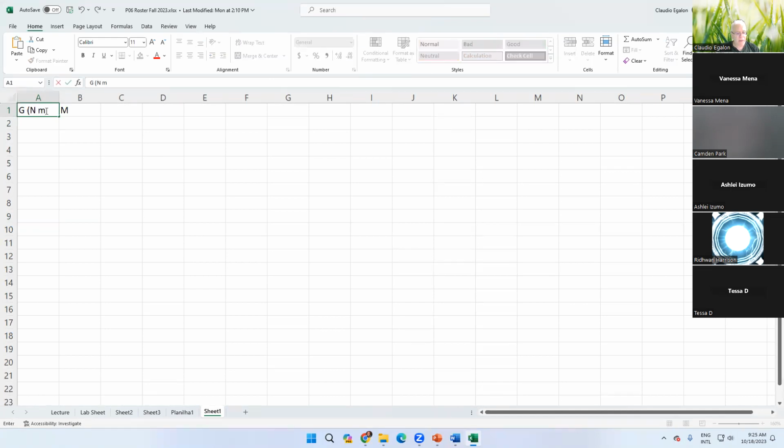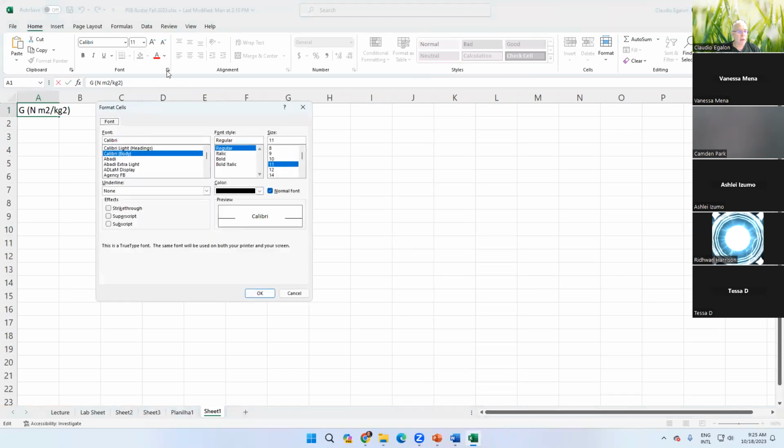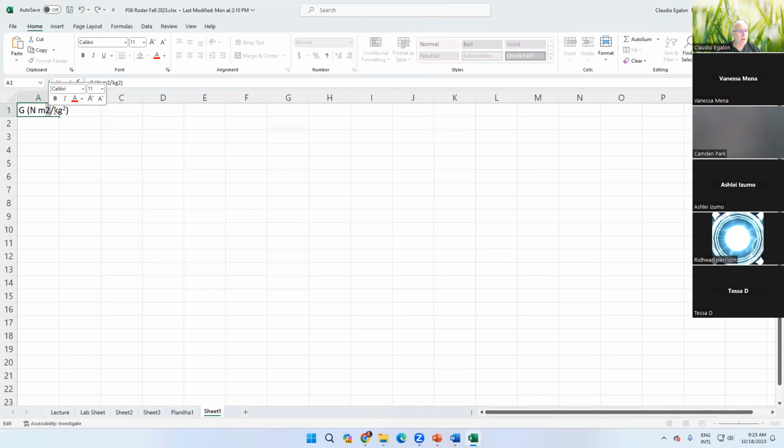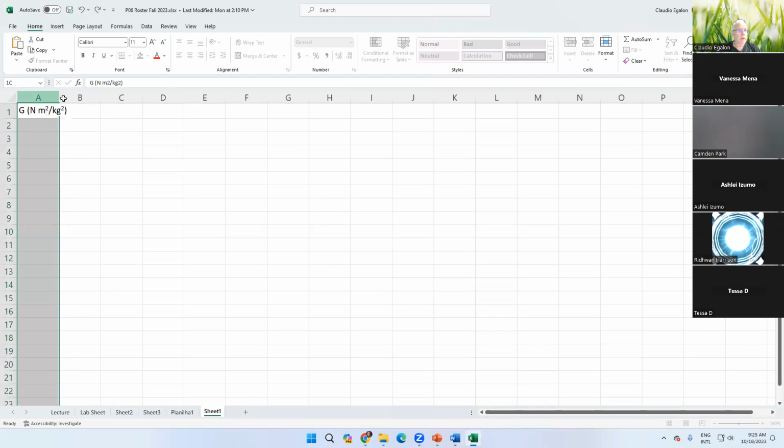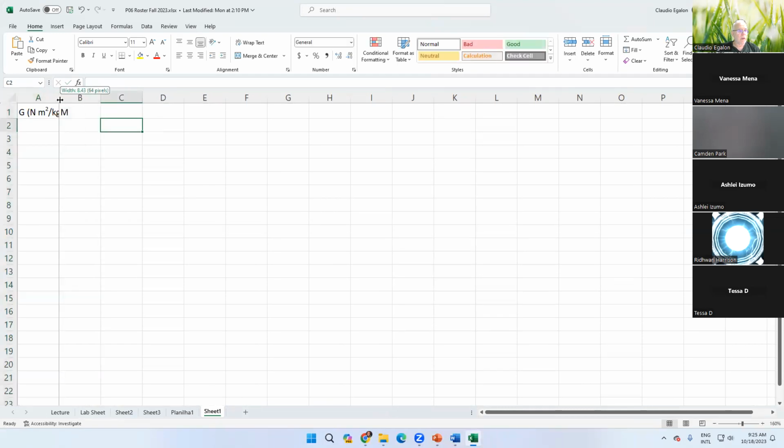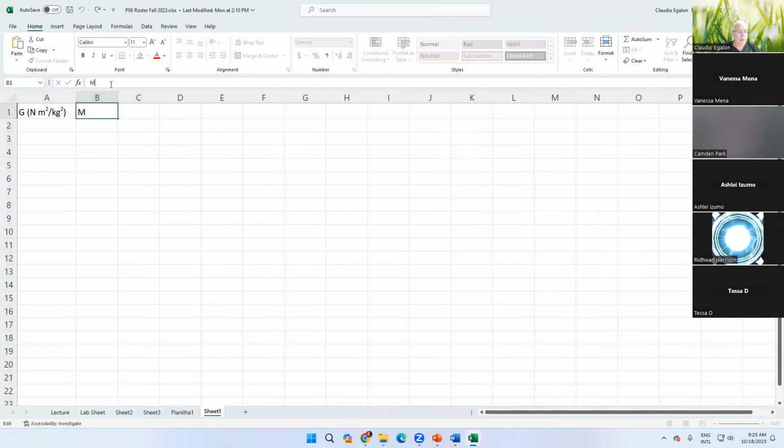Newton meter squared per kilogram squared. Big M, kilogram, and lowercase m, kilogram.